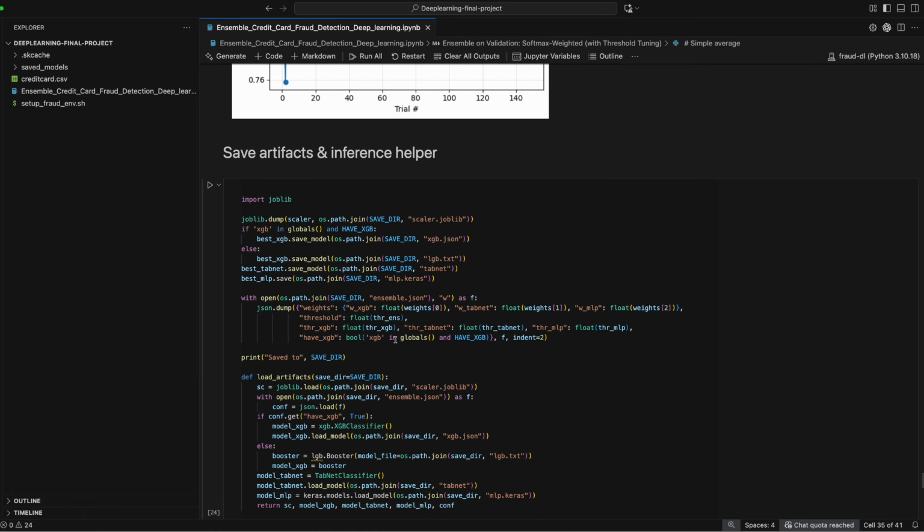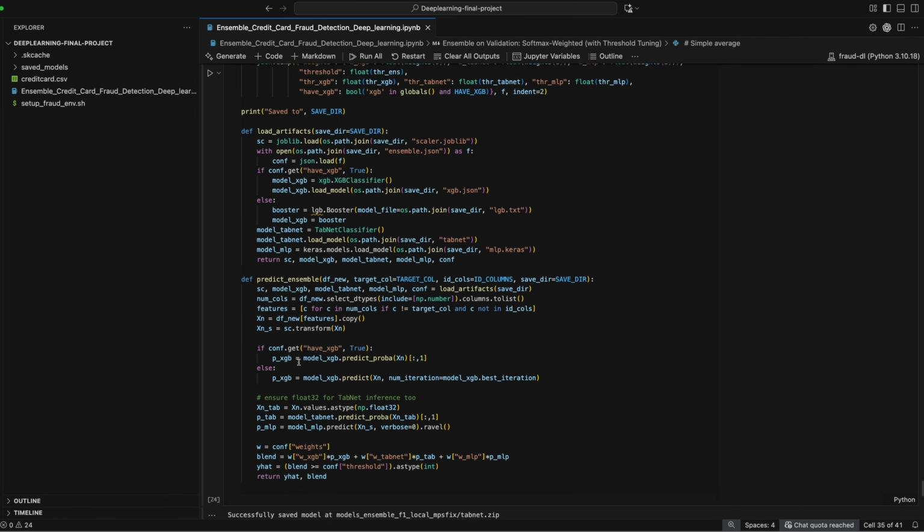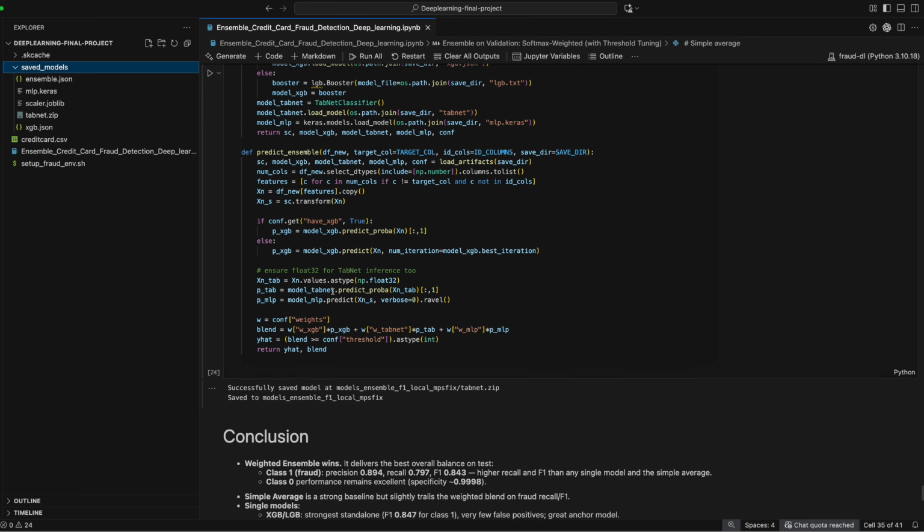And then all we are doing is saving the entire model in this particular folder, so that it can be reloaded and reused later.